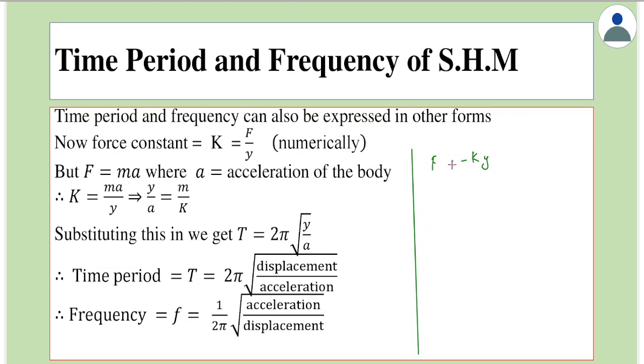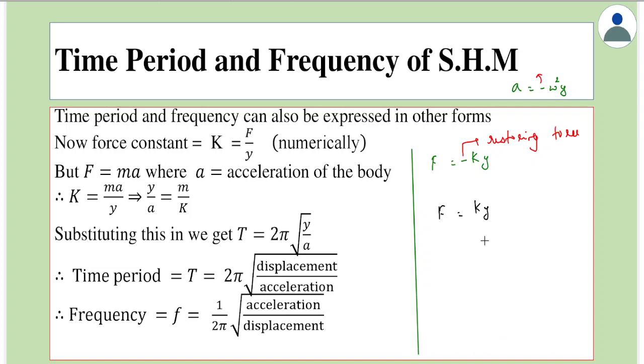The minus sign indicates that it's a restoring force, because in the expression for a, given as minus omega square into y, the minus sign indicated that acceleration is always opposite to the displacement. So the minus sign indicates it's always a restoring force, but its magnitude, its only value, of F will be k into y.